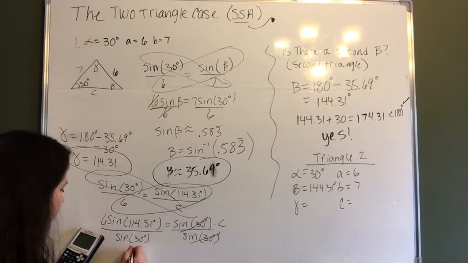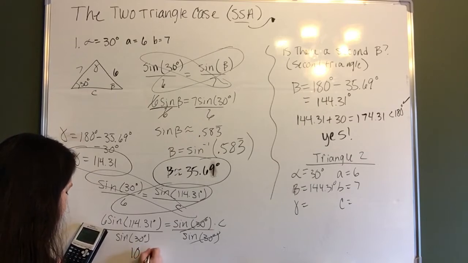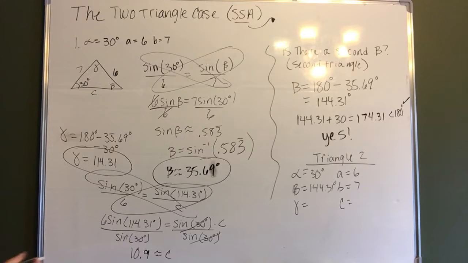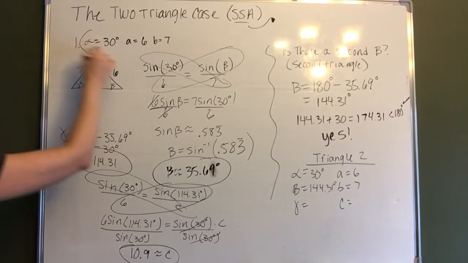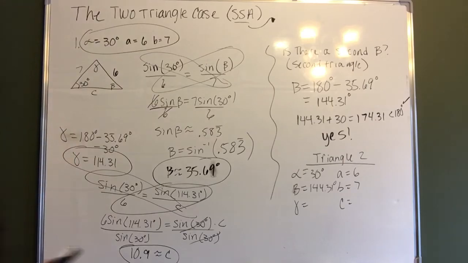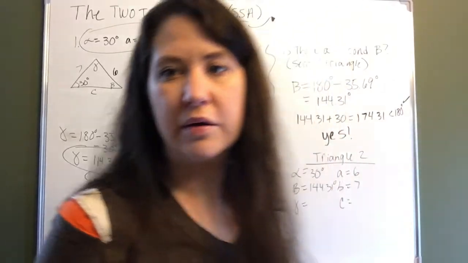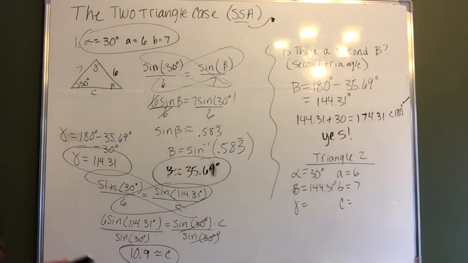And so we get 10.9 approximately for C. All right, and we're done with this triangle. We have all 6 pieces. Okay, did you see that? So we have all 6 pieces over here.